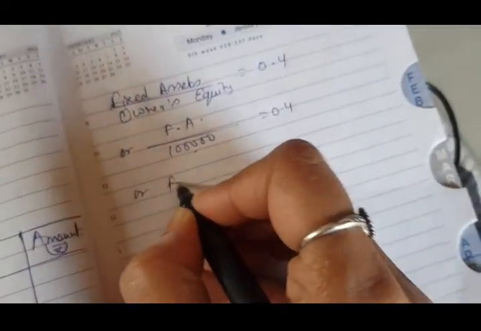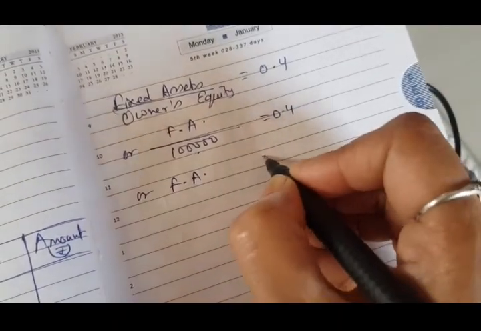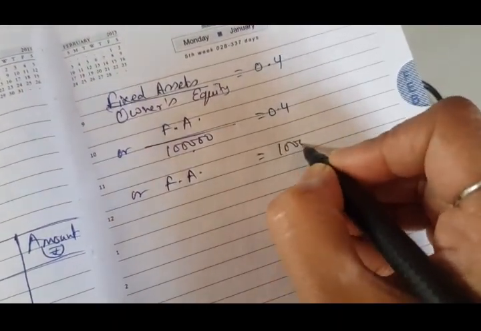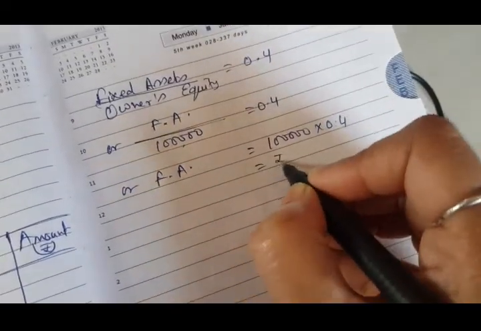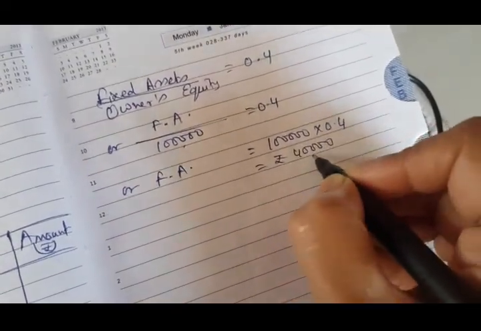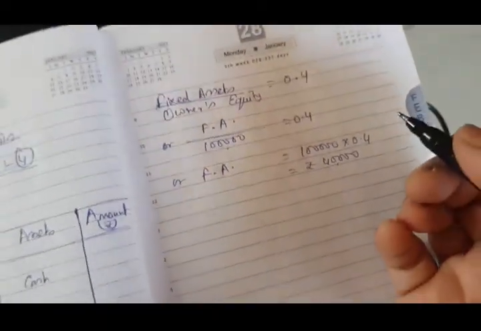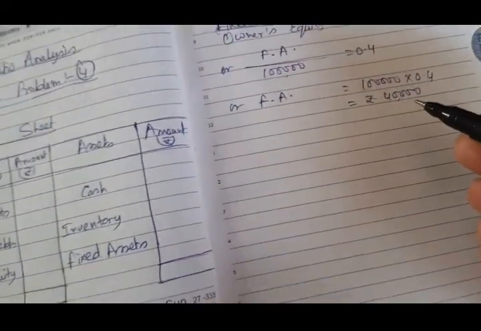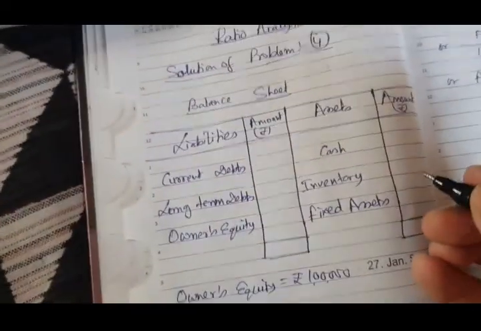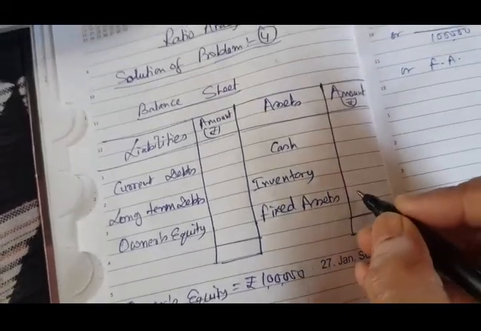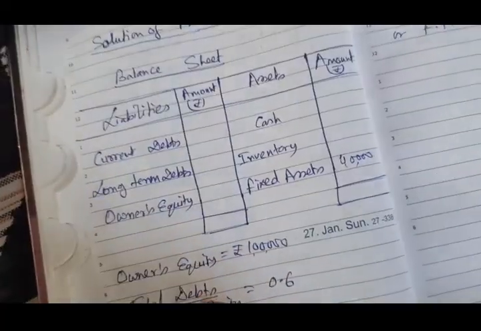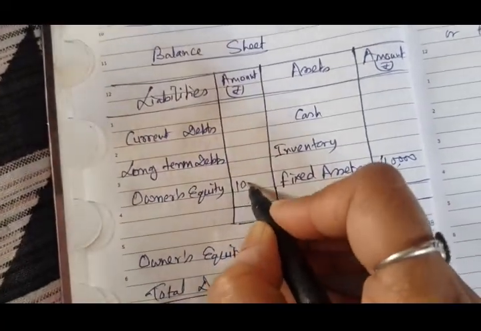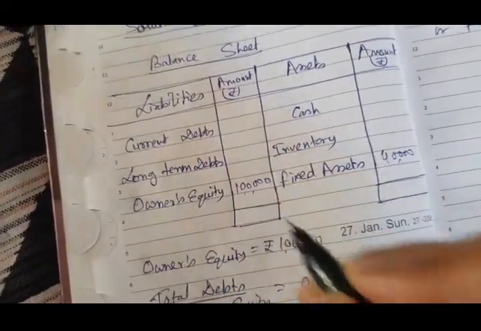So your fixed asset value is coming to rupees 40,000. Okay, so now let us put this figure in your balance sheet. See, fixed asset is written separately over here, so 40,000 I have written. Owner's equity we know, so I have written it over here.